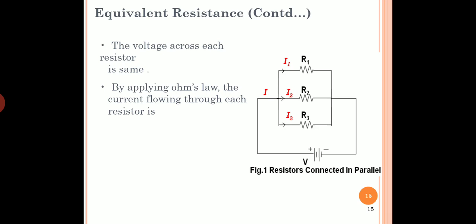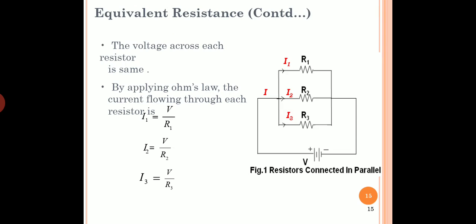Next, by applying Ohm's law, the current flowing through each resistor is given by I1 equal to V by R1, I2 equal to V by R2, and I3 equal to V by R3. So this is how we are able to calculate the value of current in each arm.